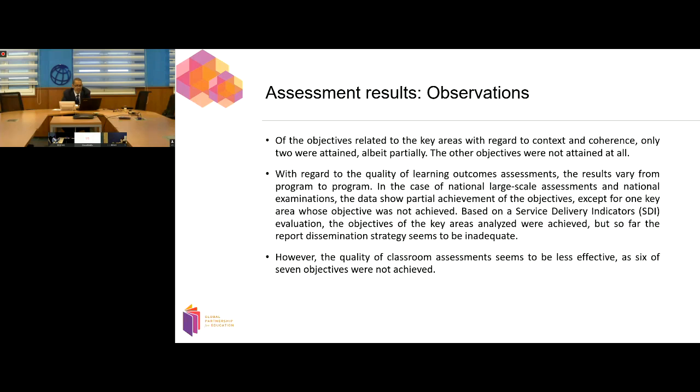Based on the SDI indicator, the objectives have been achieved for the key areas. But so far, the report dissemination strategy seems to be inadequate. However, the quality of classroom assessments seems to be less effective, as 6 of 7 objectives were not achieved. So, this is the summary, if you want, of the assessment of the different domains that were assessed.